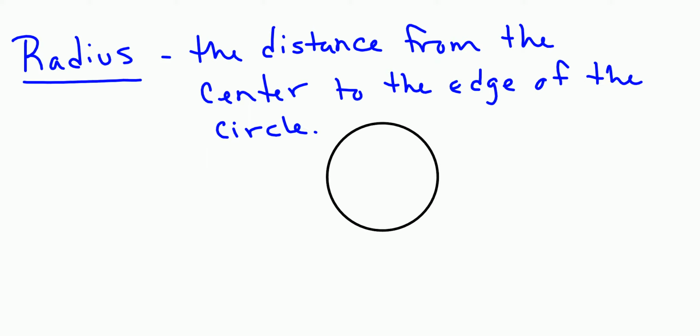Right, so if we have this circle here, and we say that this point is the center, then from here to the edge of the circle is our radius.